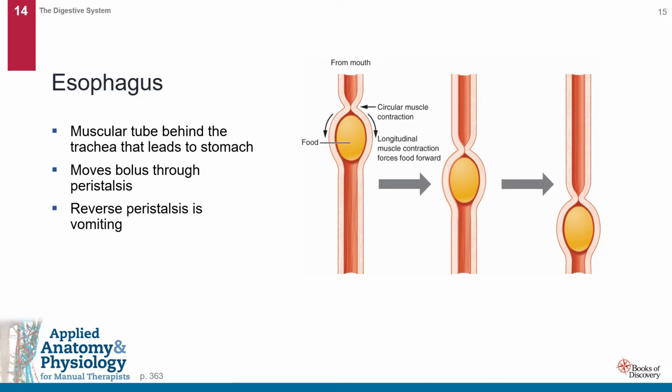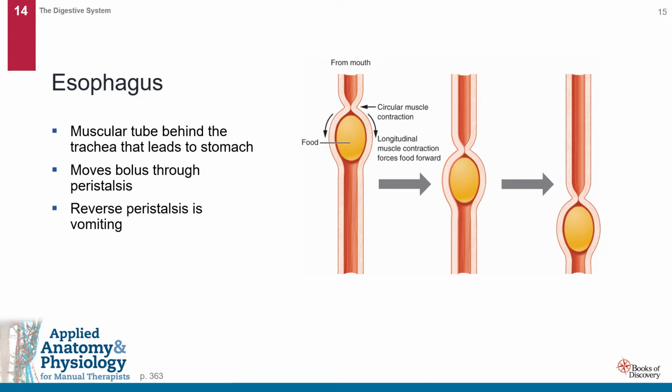Lubricated by mucus secretions, the bolus moves through the esophagus by way of peristalsis, a series of wave-like contractions in the smooth muscle layer which propels food along the GI tract. Although peristalsis begins in the esophagus and continues throughout the GI tract, it is most apparent in the lower half of the stomach and throughout the small intestine.